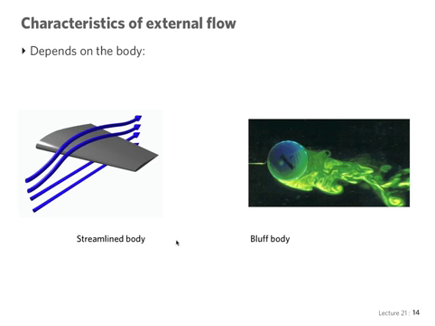The streamlined bodies, which are wings and airfoils, and bluff bodies. Bluff bodies is a term that we use for anything that isn't streamlined, that puts some sort of obstacle to the flow and will be followed by what we call a wake.